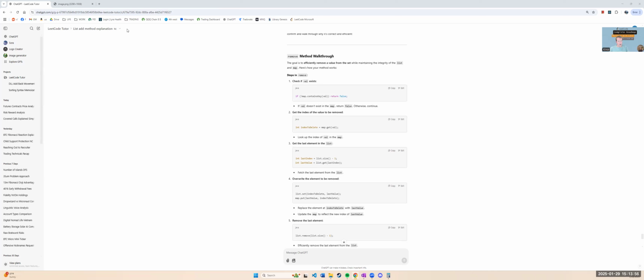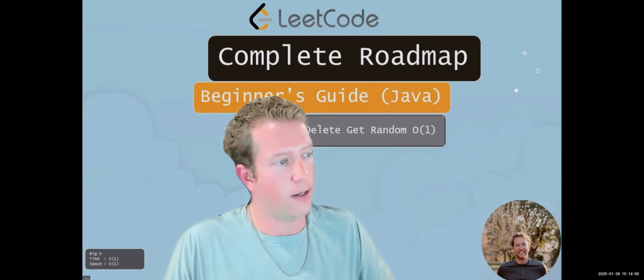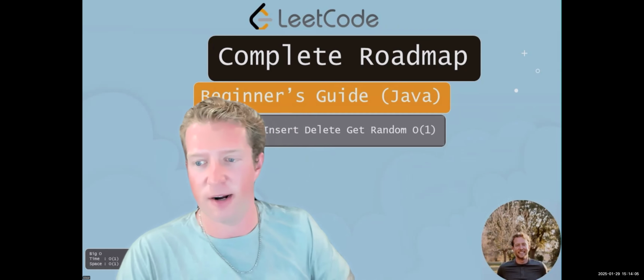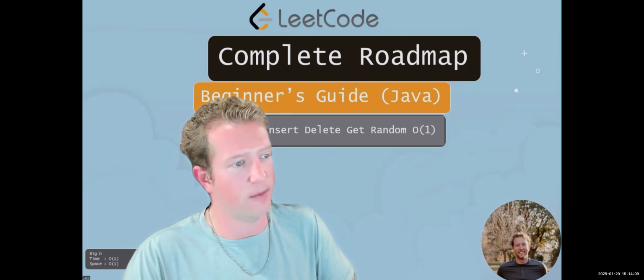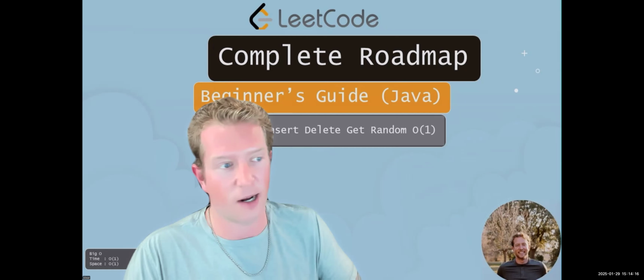So hopefully this is beneficial. It's a little bit tricky to figure out how to wrap your head around things. But the main thing is when you're looking at this problem, when you see O of 1, you should immediately start thinking about hash tables, hash sets, the data structures that can accomplish this.